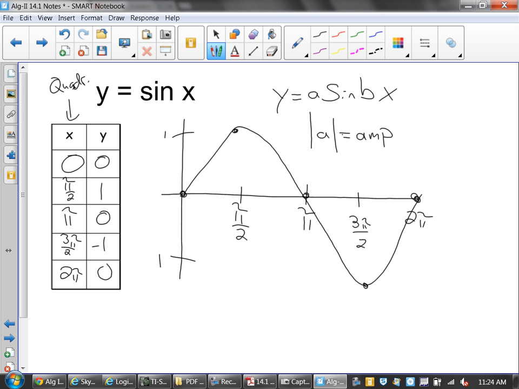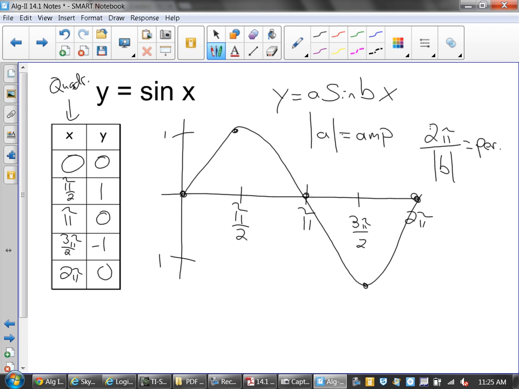And for sine, for your period, you take 2 pi divided by the absolute value of b. That's how long it takes to go through a cycle. And y equals a sine bx mirrors the same thing for cosines: a cosine of b x. A's and b's mean the same thing. Tomorrow we'll reintroduce you to the h's and k's, your horizontal and vertical shifts, with these as well.